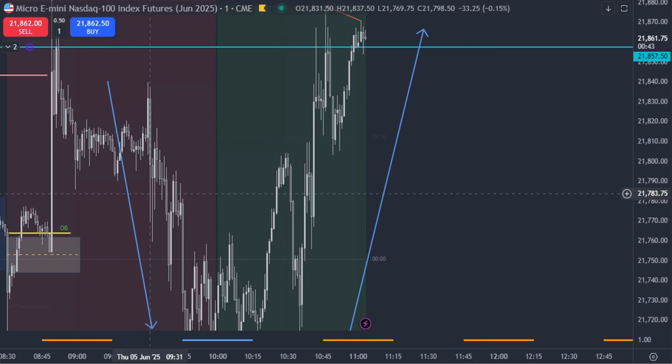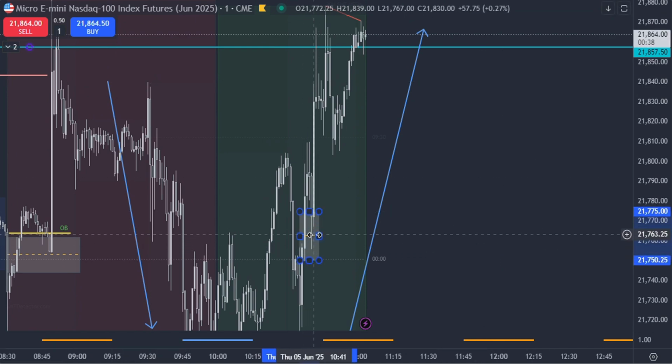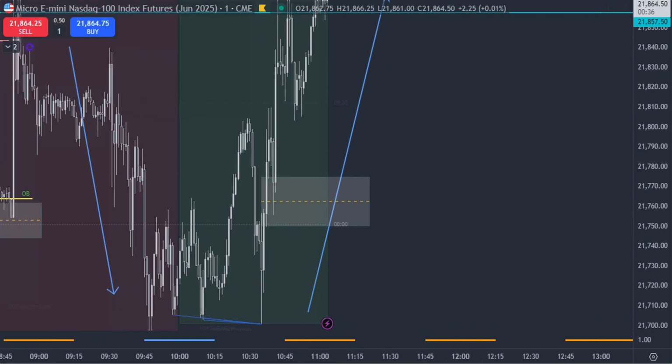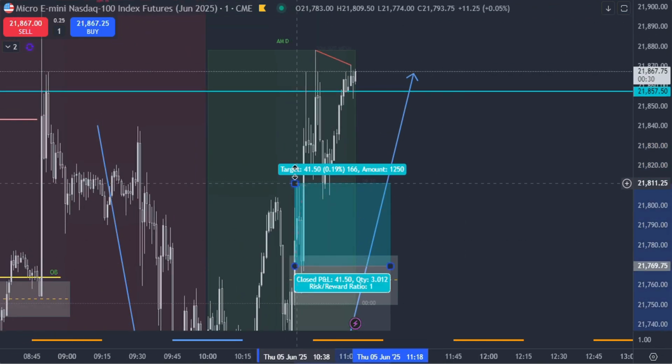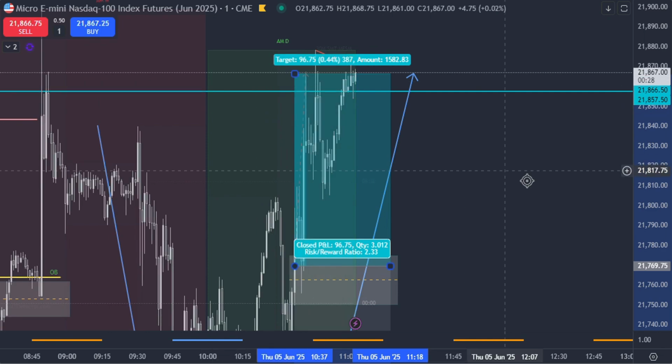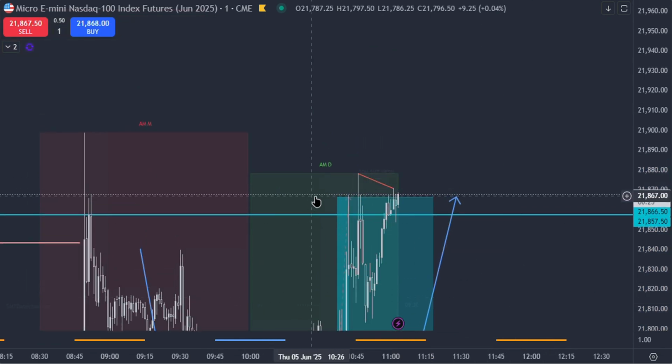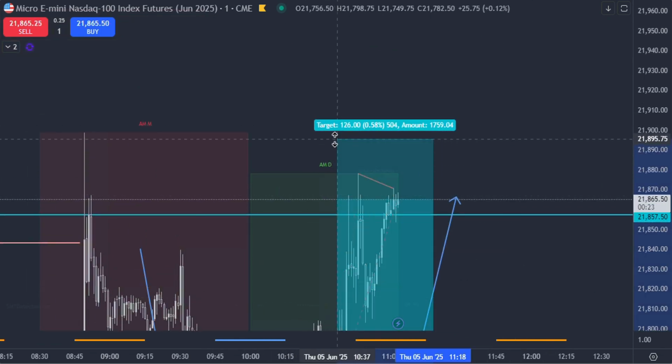But this is a fair value gap here. You can look for buys, and then you can always target your 1 to 2 right there, or you can target the hourly high, which is up here.